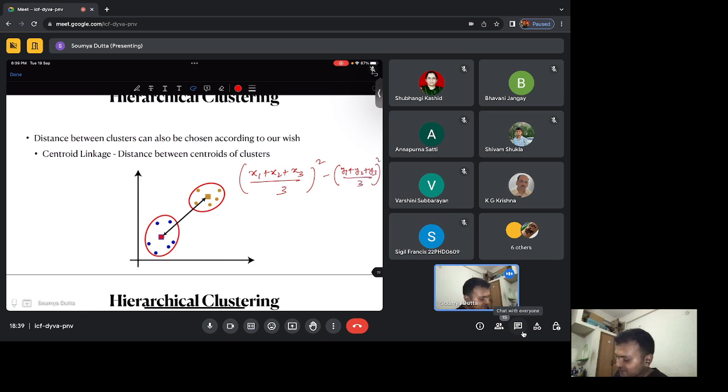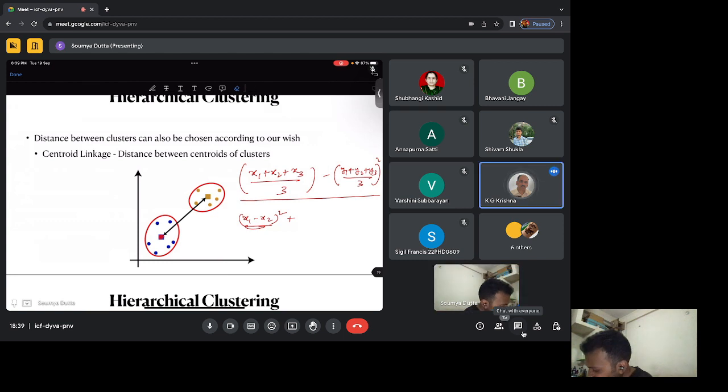Okay, this is the centroid linkage. Is it minus, sir, in between x square and that? Yeah, that is minus.